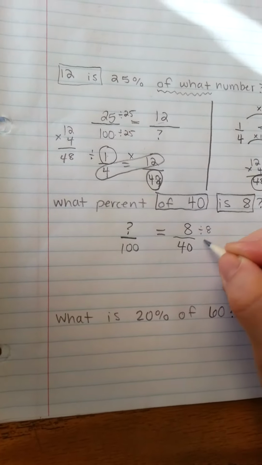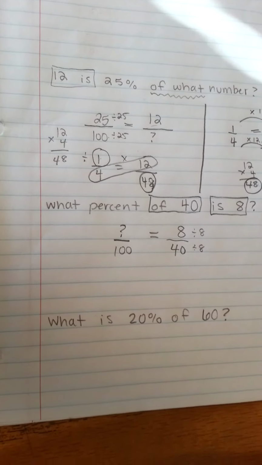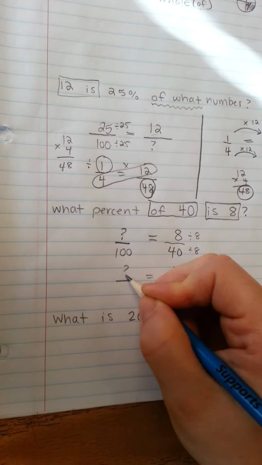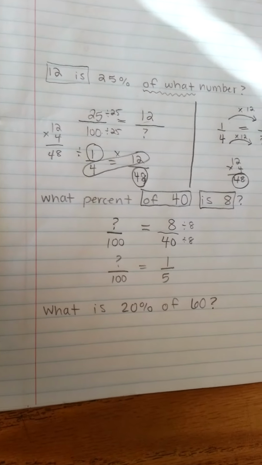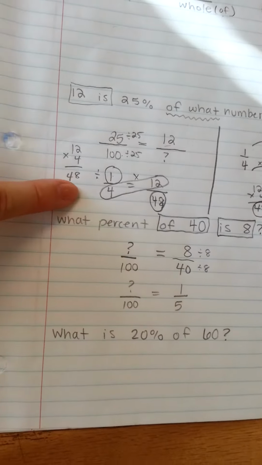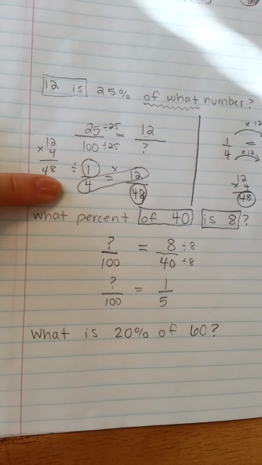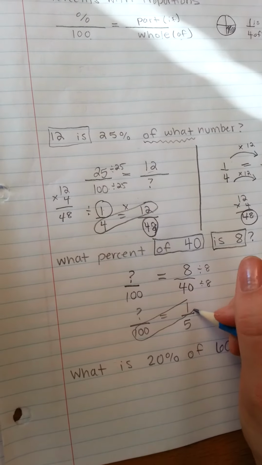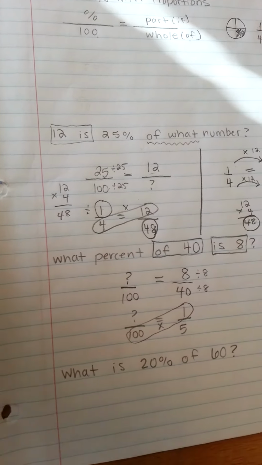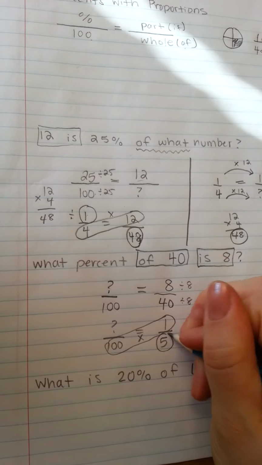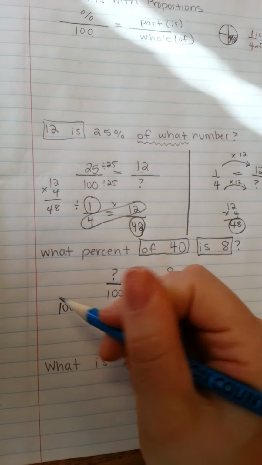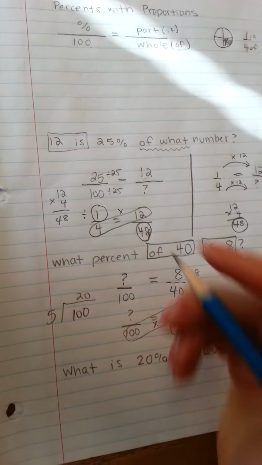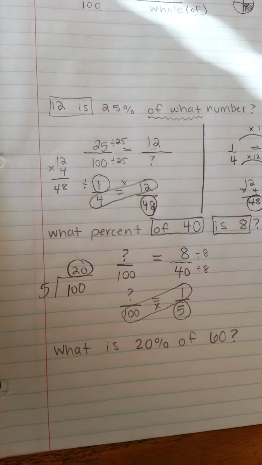Let's divide by 8 to simplify. 8 goes into itself once and into 40 5 times. Now that I've simplified, I can use the same trick that I used here and cross multiply and then divide. 100 times 1 gives me 100. And 100 divided by 5 gives me 20. So I know that my answer will be 20.